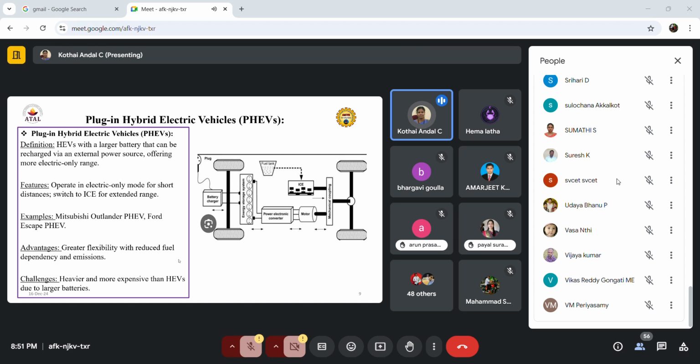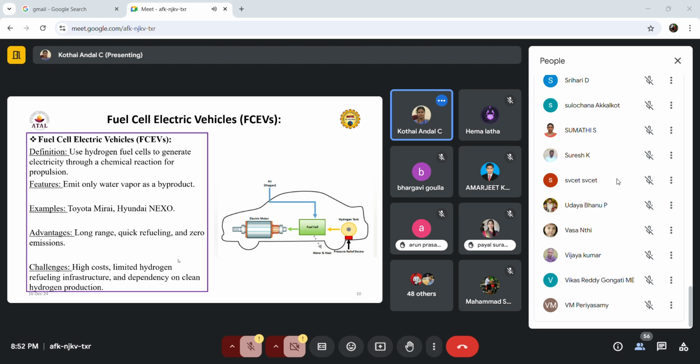So if it is less than 20%, we change the fuel from battery to IC engine. This is the advantage of plug-in hybrid electric vehicles. The main advantage is greater flexibility, with reduced fuel use and emissions, comparatively fewer emissions than pure IC engines.